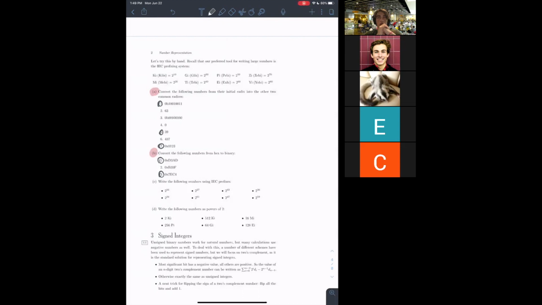Yeah, so basically I went from right to left and took 1 times 2 to the 0 and then just kept going, 1 times 2 to the 1, and etc. And ended up getting 147. Yeah, definitely, that's right. I just saw this from the lecture, because it says put it in both other bases, right?